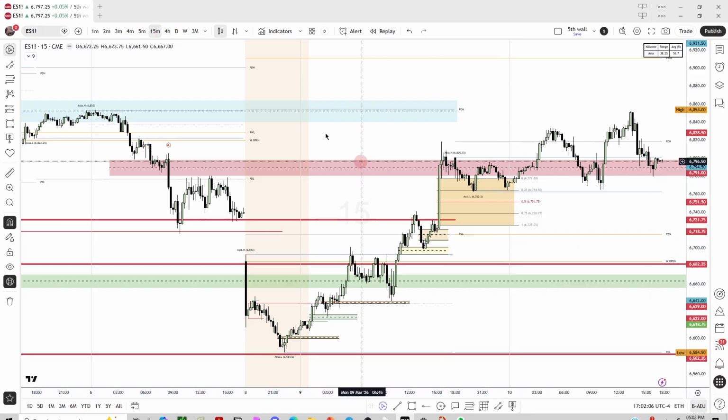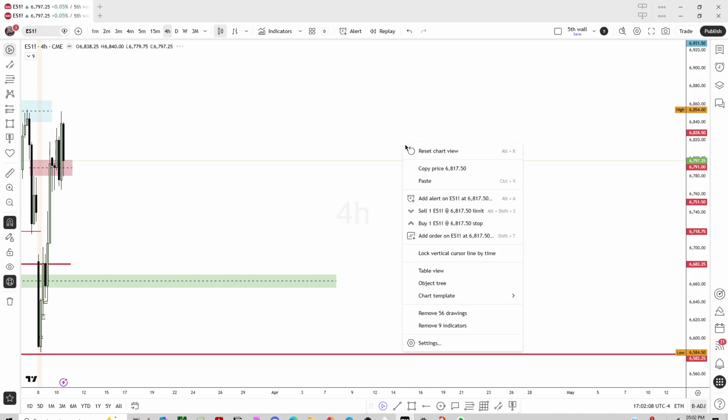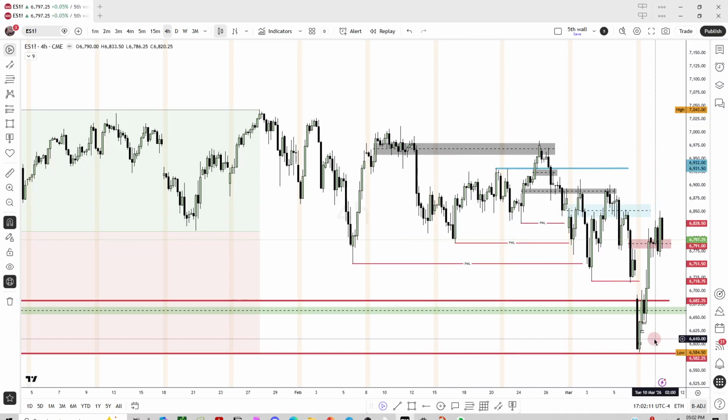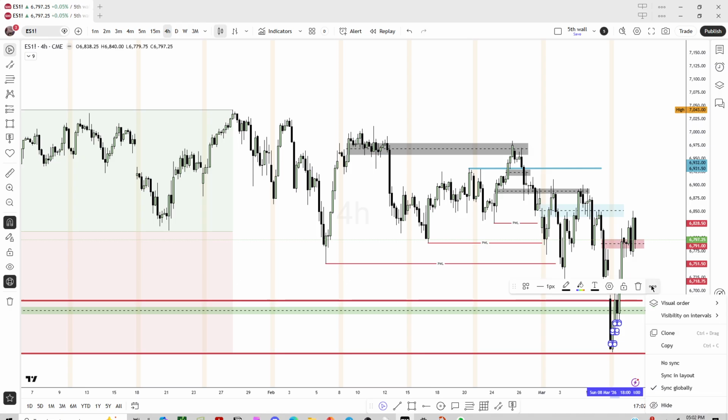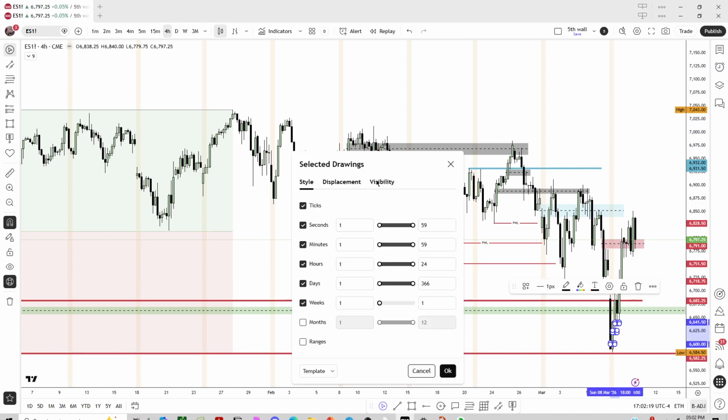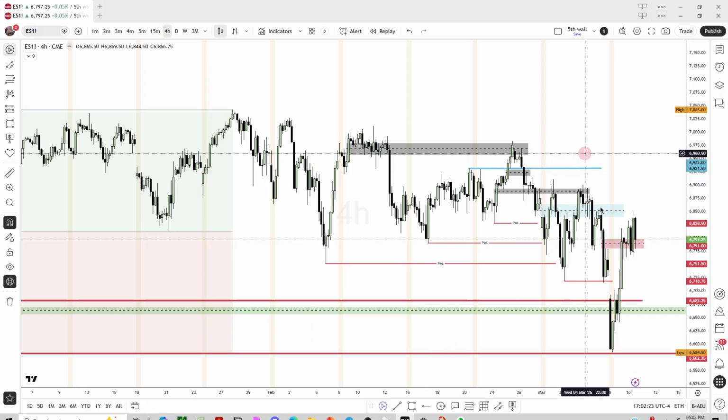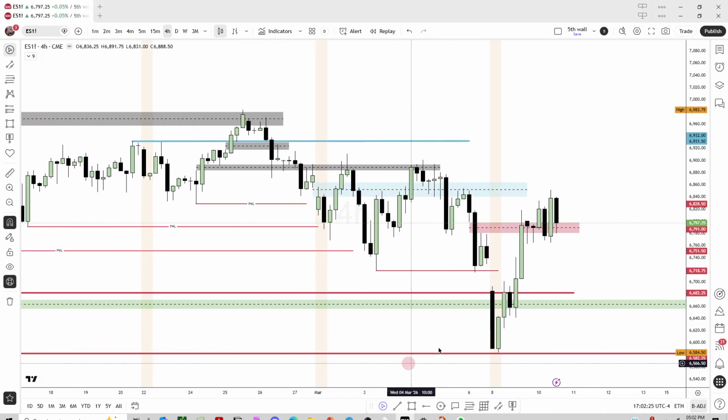Turn into one below. Put that back to 4-hour. Still, I don't know what these are. Let's just get this out of here. I'm not going to delete them because I'm not sure what they are. So just drop them down.